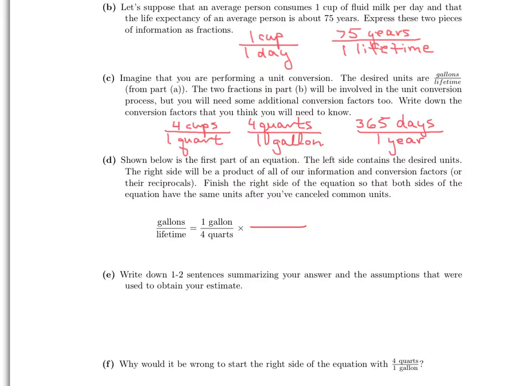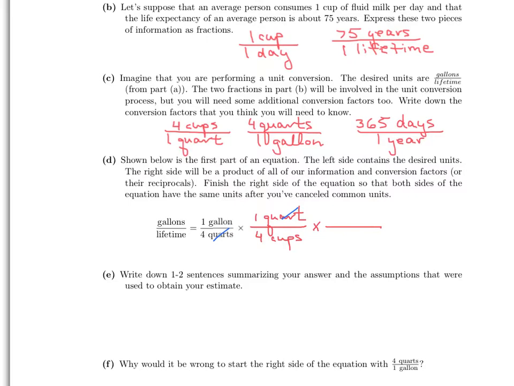So I'm going to write 1 quart per 4 cups. And in so doing, I cancel the quarts. Now the units on the right side are gallons per cup, which still does not match the units on the left side. That tells us we need to multiply by another fraction.